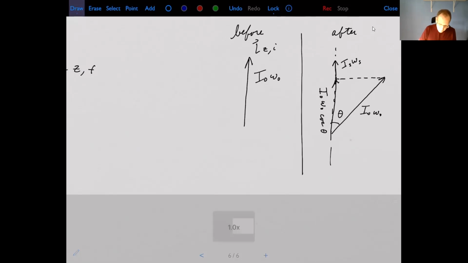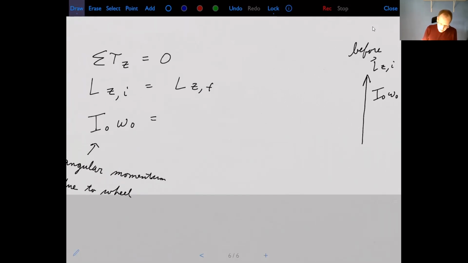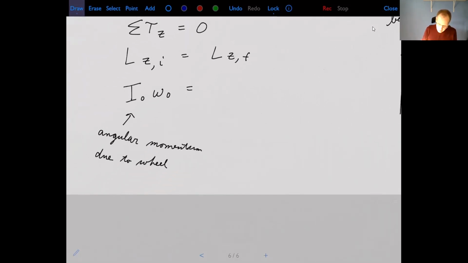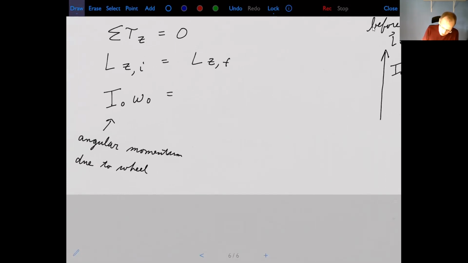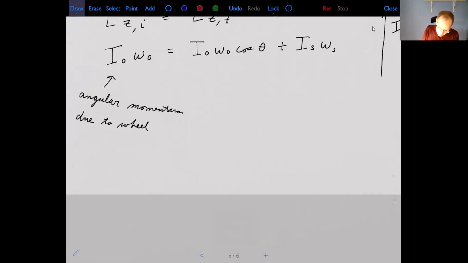So if we look at our formula here, initially it's just due to the wheel, I naught omega naught. And then finally, part of it will be due to the wheel, so I have to multiply by cosine theta, plus part of it is due to the student in chair. What we can do now is solve this for the angular momentum of the student in chair.